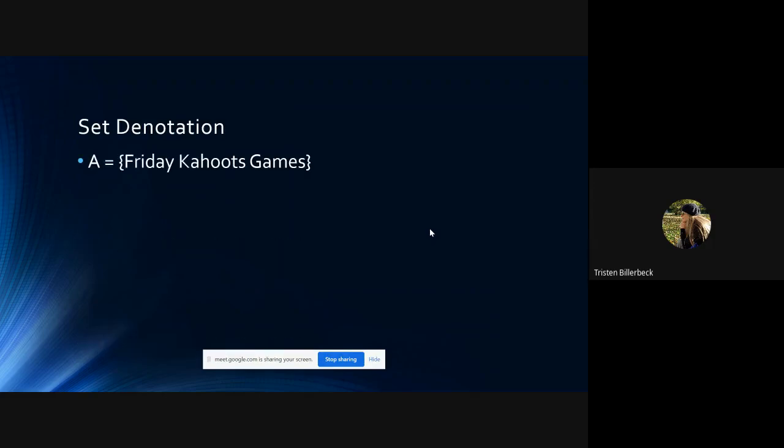So we'll use capital letters for the names of sets. So if I say capital letter A equals Friday Cahoots games, that would be a set. And notice these little brackets here. Those are set symbols. These are my elements in the set. So set B would be video games.